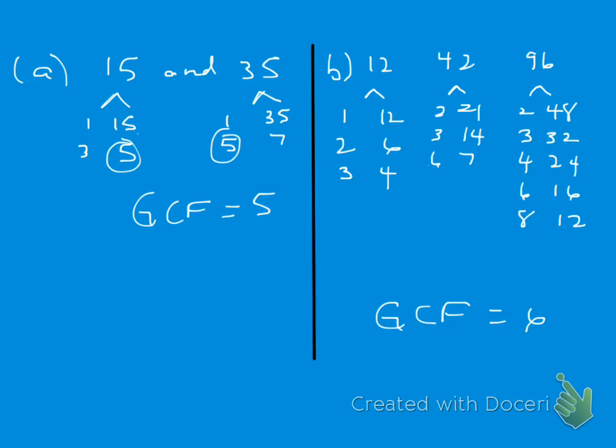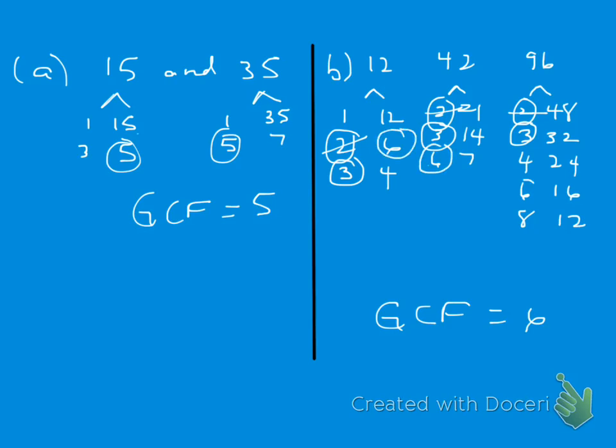Okay, now I'm going to go through and find which ones they have in common. Well, again, they have 2, right? They have 3. So that eliminates 2 because 3 is greater than 2, right? Now let's keep looking here. 6.